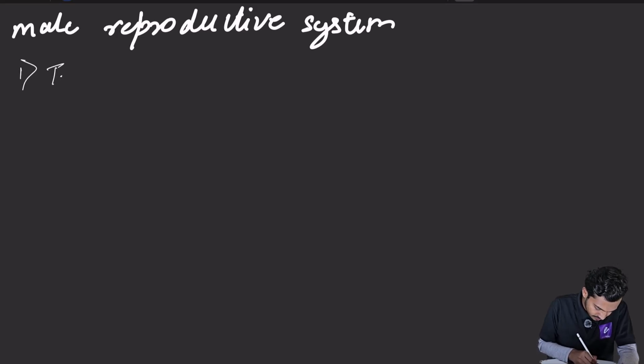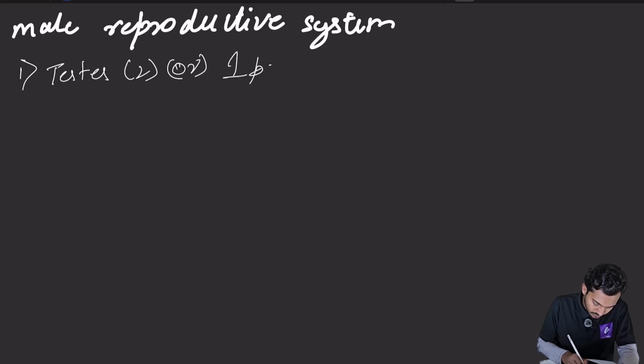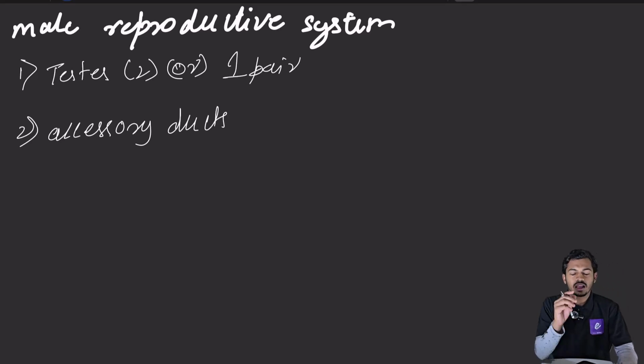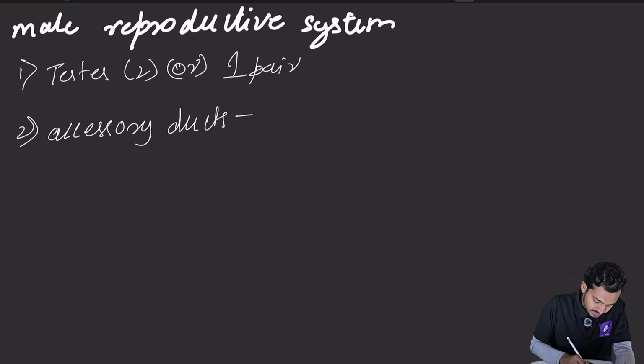First is testis. There are two testes, one pair. Then we have accessory ducts. तो पहले हम डक्ट्स के नाम पढ़ेंगे, बाद में हम देखेंगे कि डक्ट्स कैसे होते हैं, कहां पे होते हैं। तो एक्सेसरी डक्ट्स क्या क्या हैं?